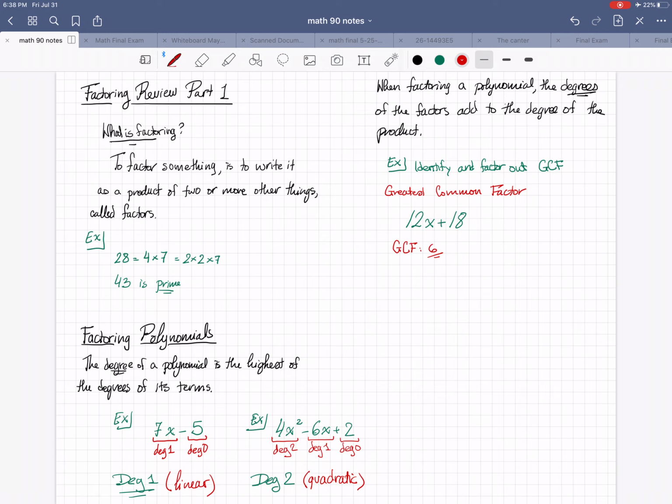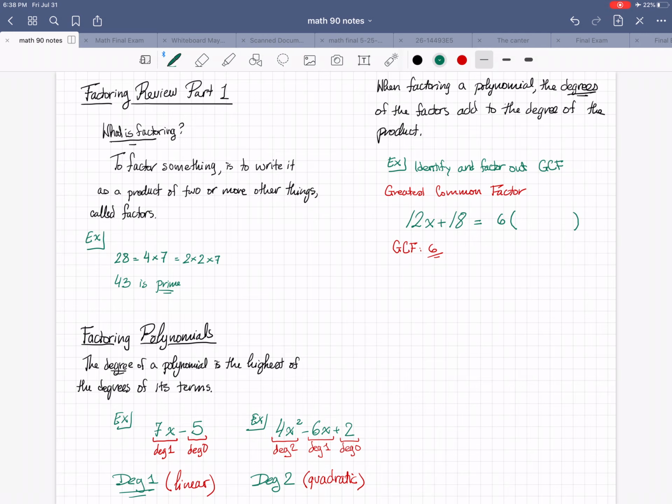Okay. So when I say factor out, you'll see here I said factor out the GCF. What am I referring to? Well, what that means is write your original polynomial as a product of the GCF and whatever else. Okay, so look, I'm going to write that 12x plus 18 is equal to 6 times something.